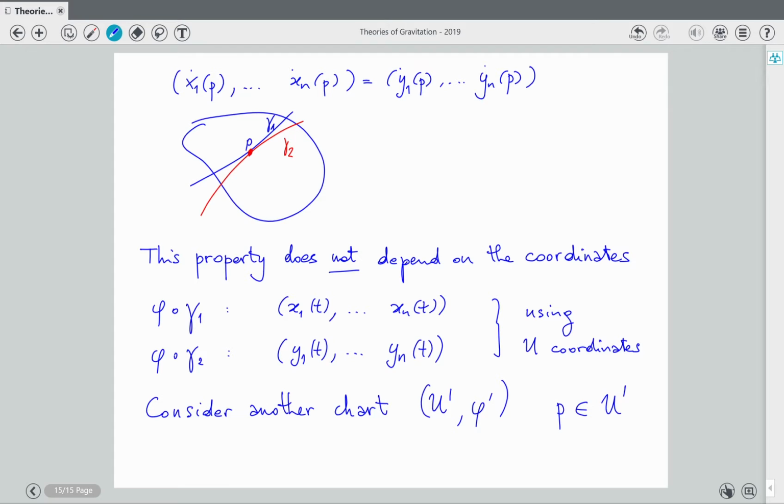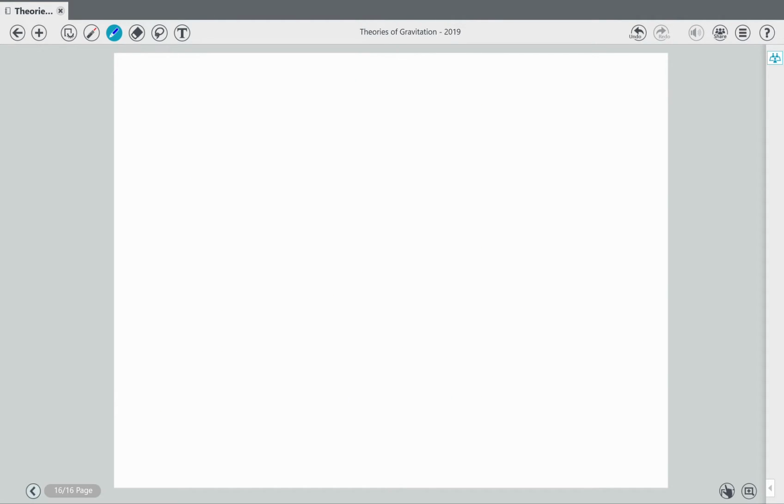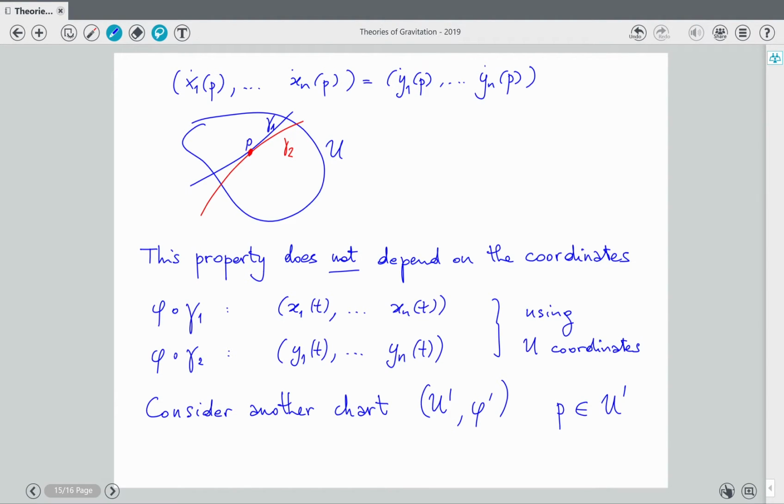Otherwise, I have to take U prime with some intersection, and that intersection with U should contain P. Then you have a different parameterization for the two curves, which will be easy to write because it's sufficient to put primes here.